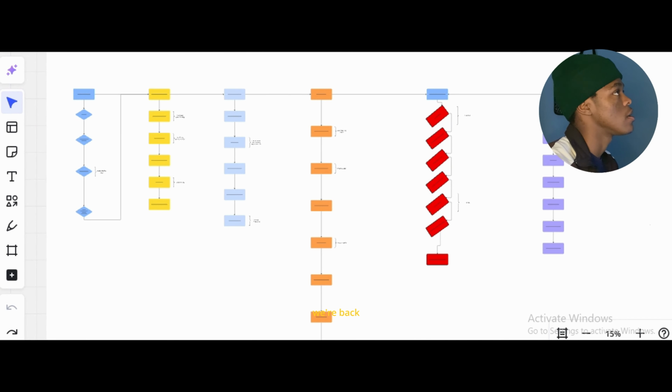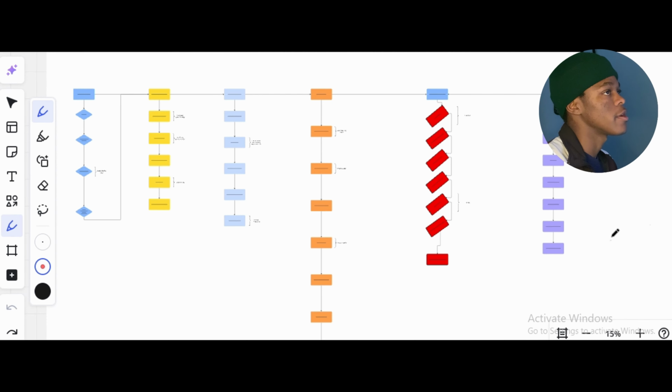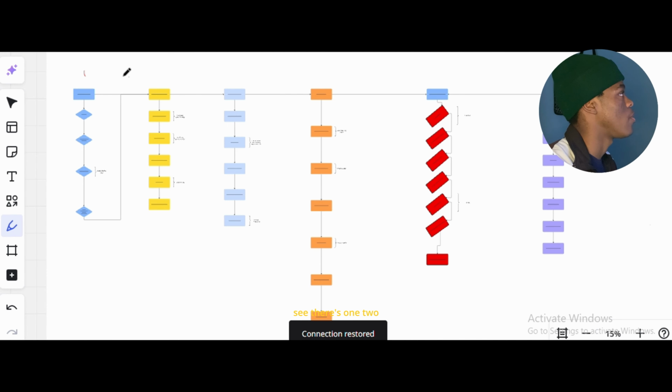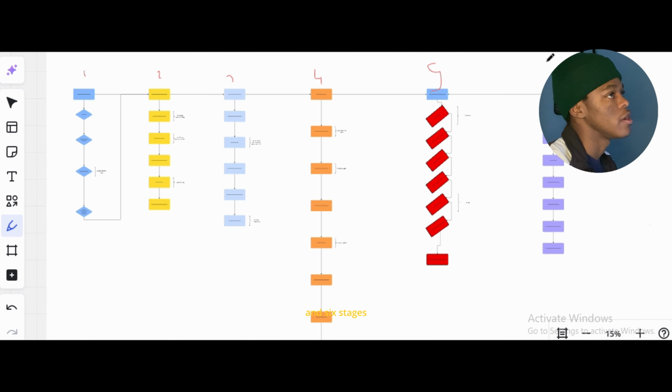We're back. As you can see on the screen, a flow diagram. This is a system created especially for GoLive, and as you can see, there are 1, 2, 3, 4, 5, and 6 stages.